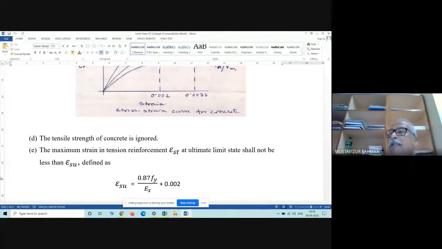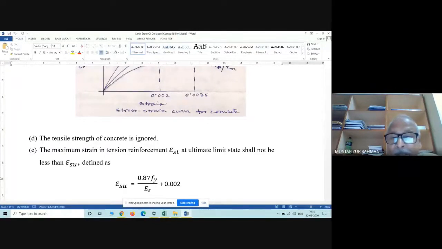That means the tension that is going to be induced will be resisted by the steel. Okay, the maximum strain in tensile steel, epsilon st, at ultimate limit state shall not be less than epsilon su.